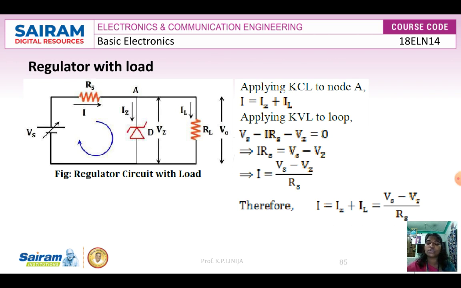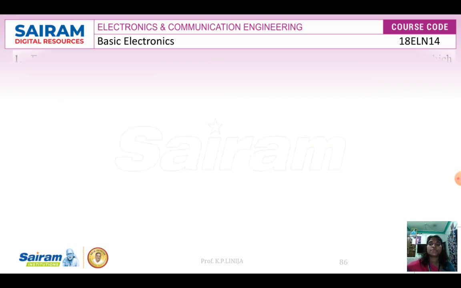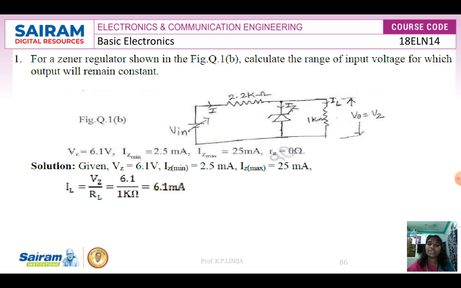Therefore, I is equal to Vs minus Vz by Rs. According to Kirchhoff's current law, we derived the total current I is equal to IZ plus IL. Therefore, it can be written as Vs minus Vz divided by Rs. So based on the load condition, we can use the formula and solve this.